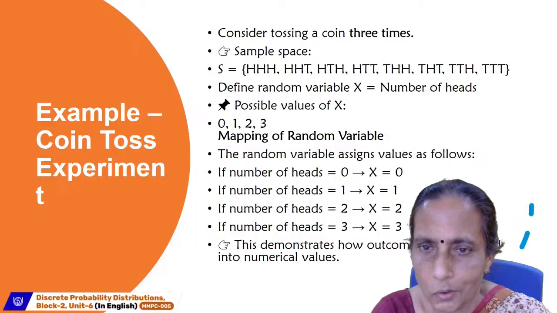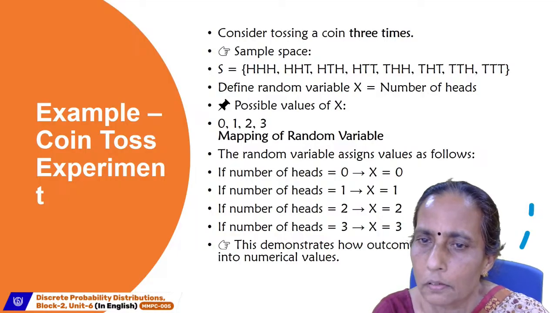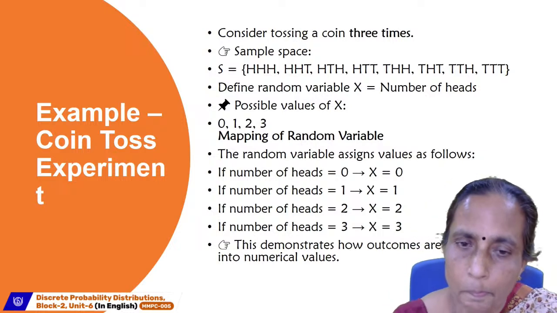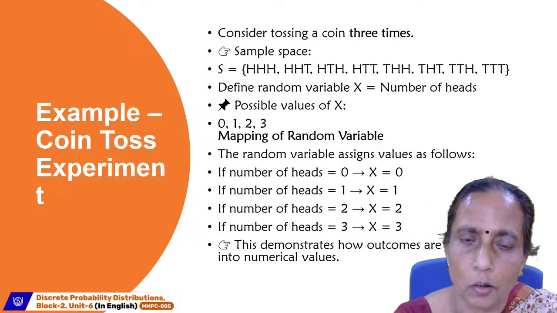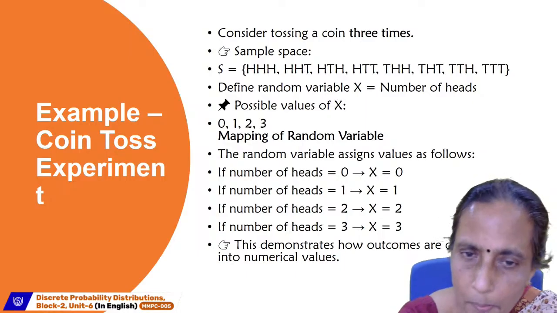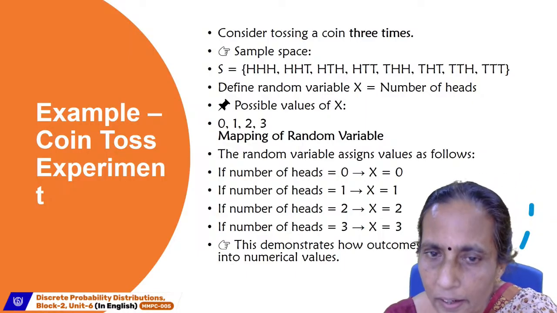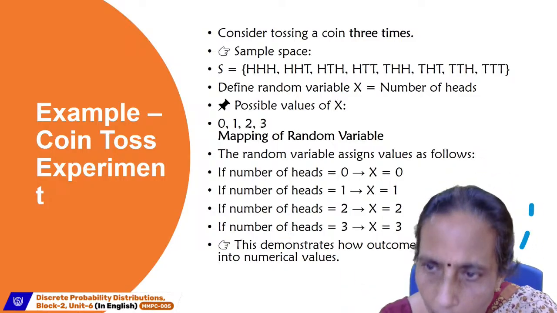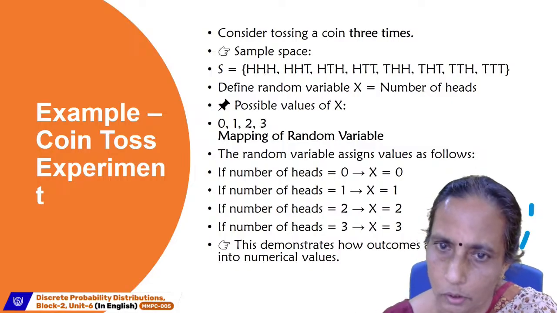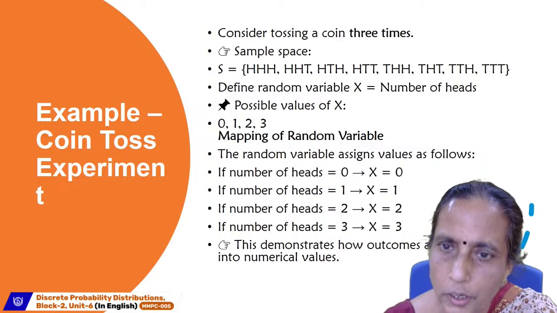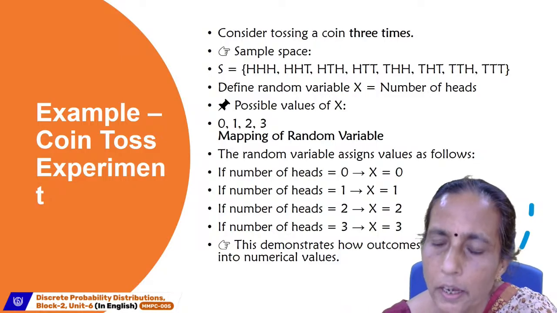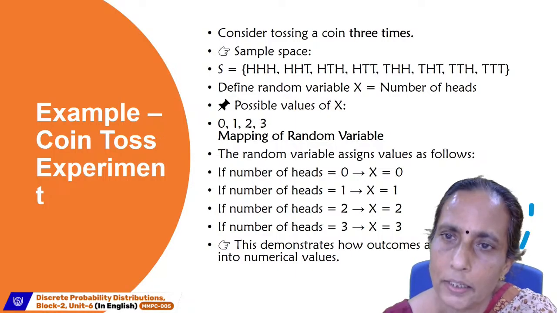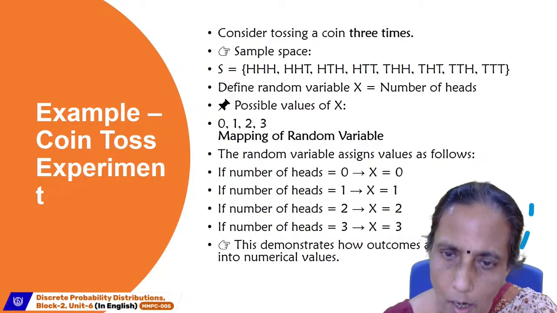Suppose the random variable X is the number of heads. So I am interested in the number of times heads appears in each outcome. Suppose my random variable X is the number of heads, so I am interested in the number of heads appearing in each outcome.